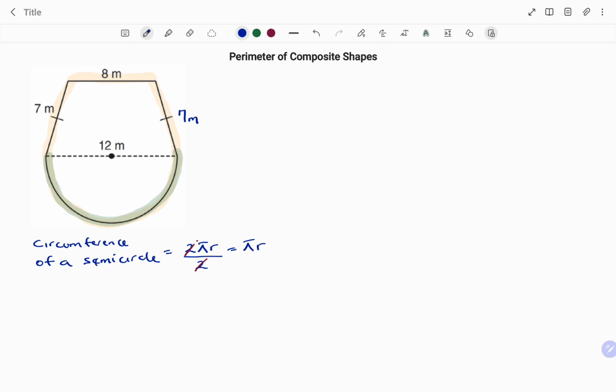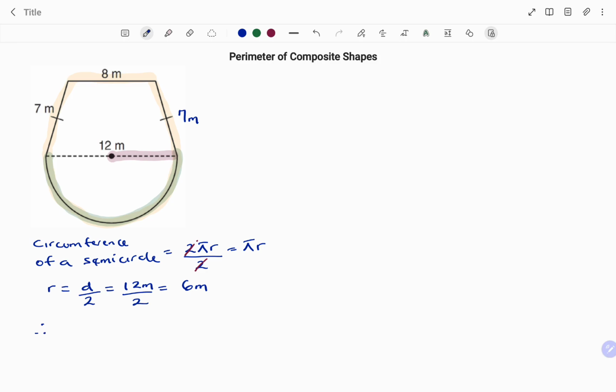The radius of a circle is the distance from the center of the circle to any part of the circle. We've been given the diameter of this semicircle to be 12 meters. Therefore, the radius is half of the diameter. Dividing 12 by 2, we have a radius of 6 meters.